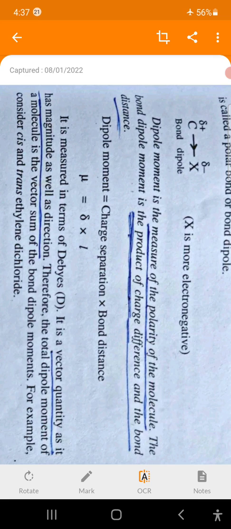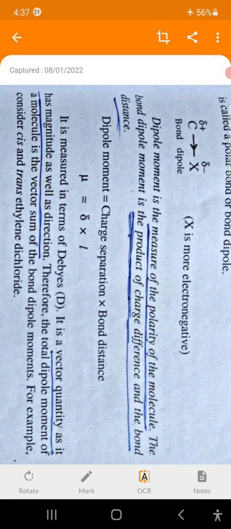Remember this point: extent of charge separation depends on the extent of electronegativity difference between the two atoms of an AB type molecule.